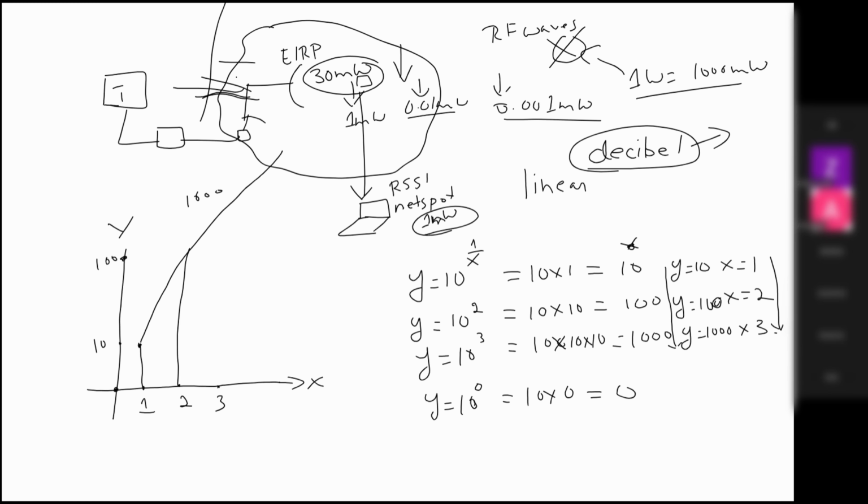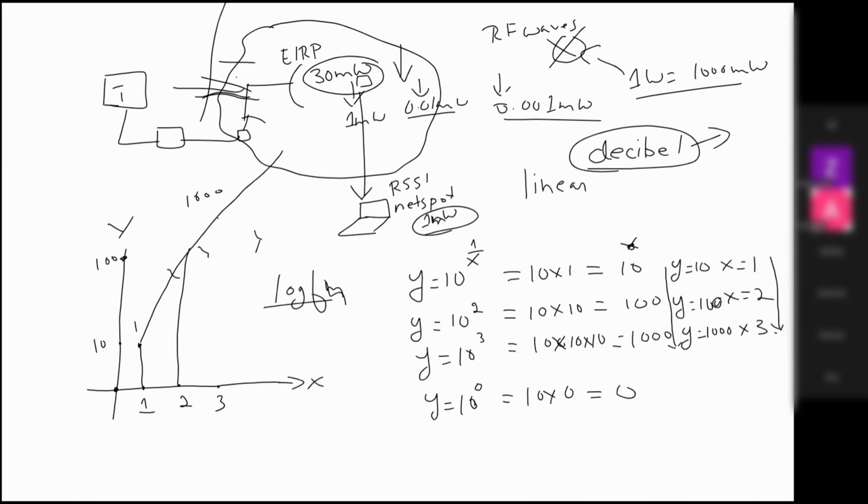So instead of representing it like this, how about I say 1, 2, 3, 4 and so on? That will be more appropriate. Instead of writing the actual value, I can write comparative values. To achieve that, you need to use something called a logarithmic function. We will understand the log function in the next section.